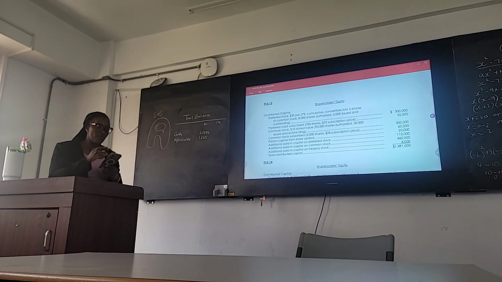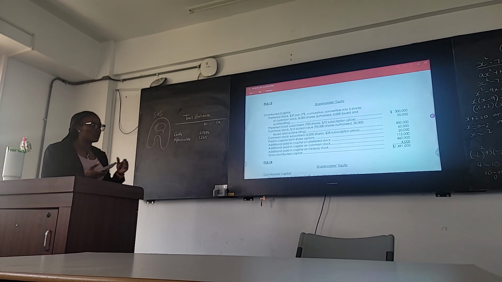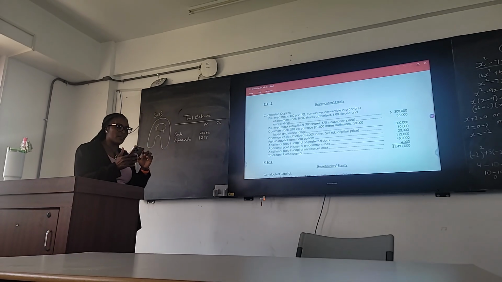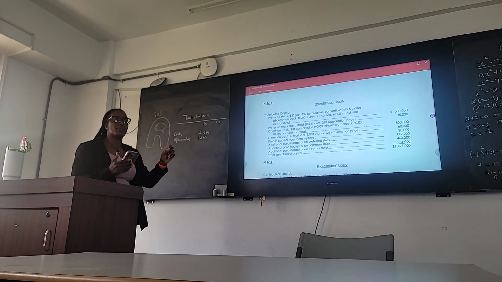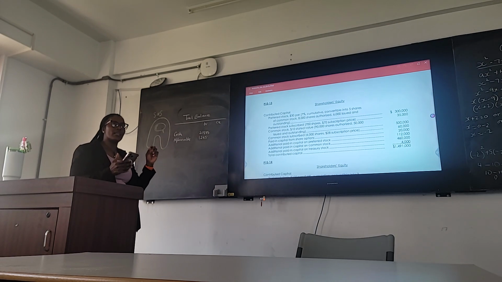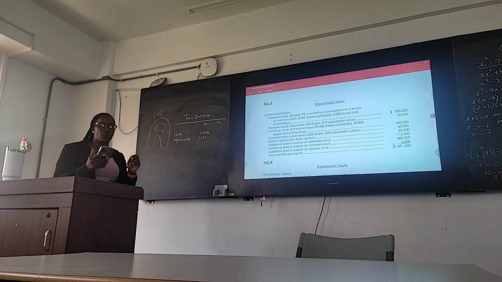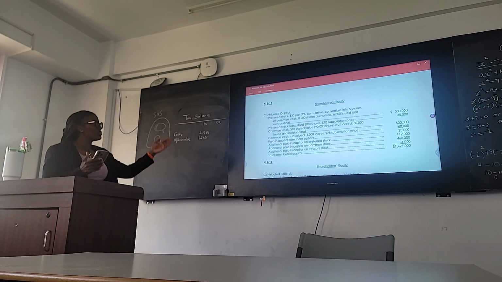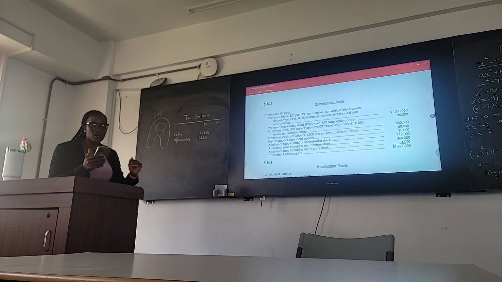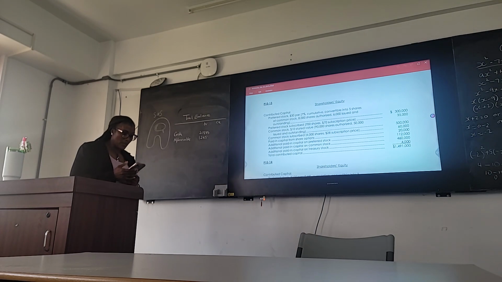So the only thing from this summary that will go towards contributed capital is not what's listed. Retained earnings is a stockholders' equity component. So after contributed capital, then you would see retained earnings.